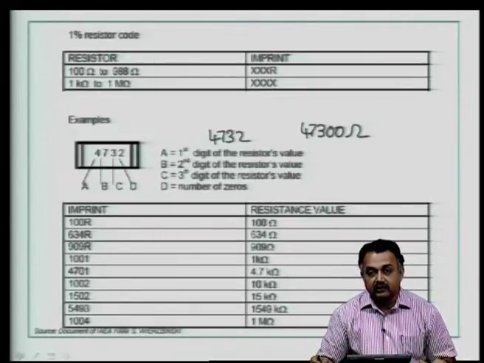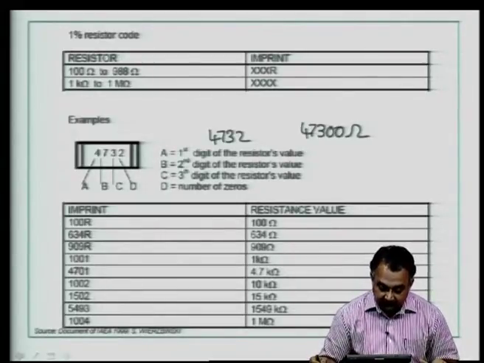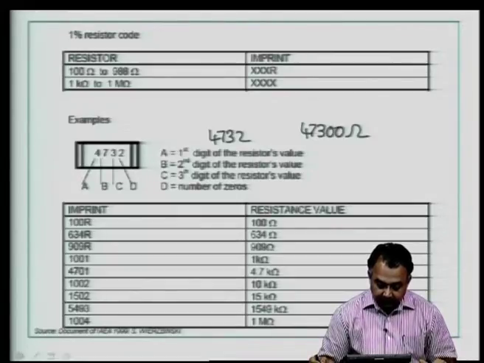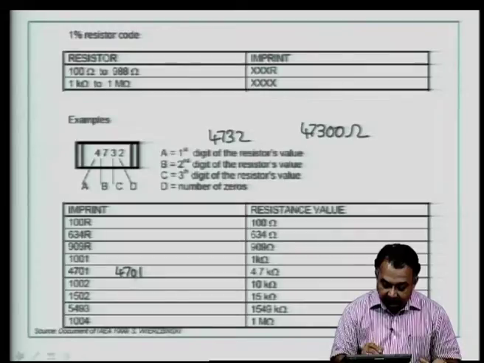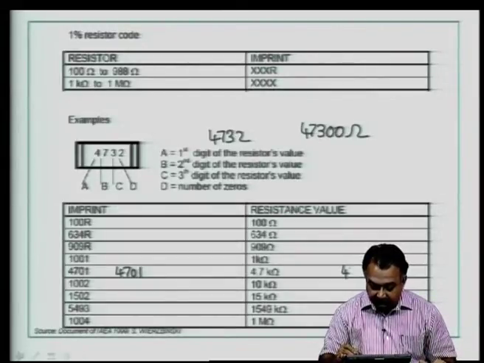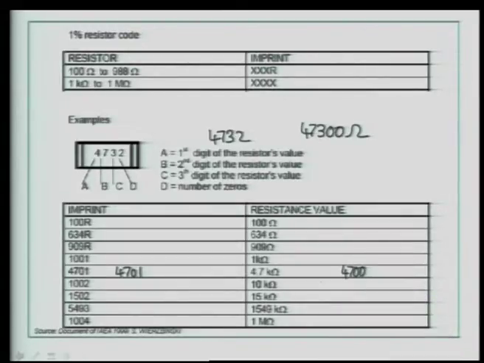So, this is the value of the resistor. For example, if you have 4701, that means 4700, so it is 4.7 kilo ohms. These are the conventions that are used for marking the resistors.